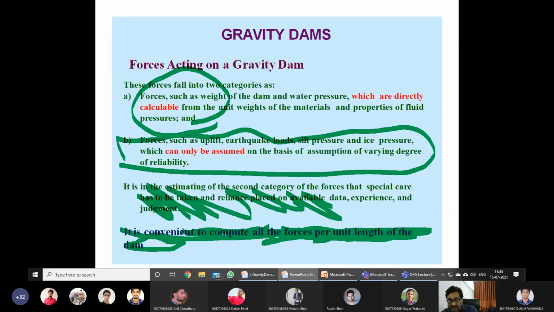There could be 10 sections or 50 sections, different sections for a given dam of 700 meter length. But we are doing the extreme one. We calculate maybe the central one, where it has the highest structural or hydraulic height, and also the highest number of forces acting upon the structure. Unit length means 1 meter, and we do the calculation based on this.